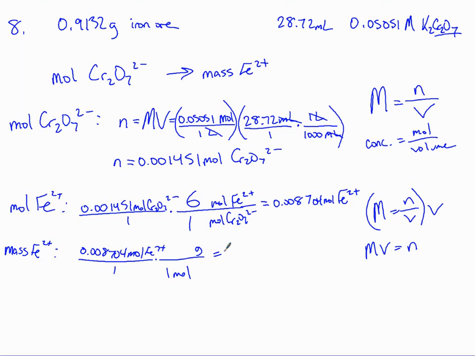We have 55.85. Multiply it out, and we find 0.4861 grams of this iron.